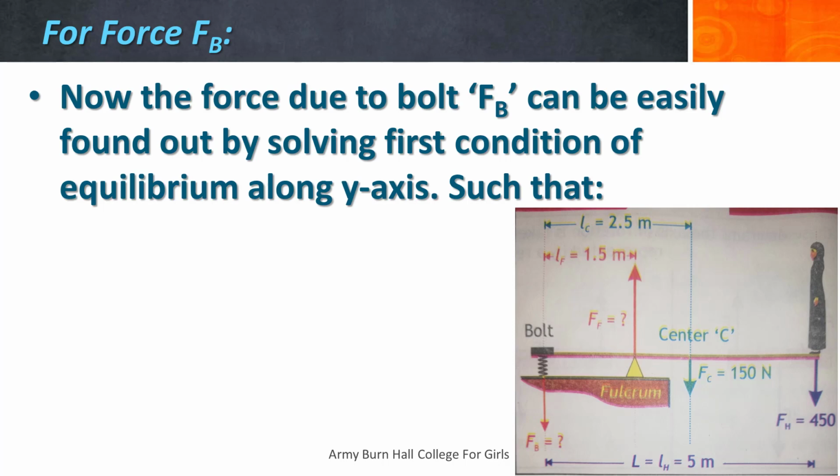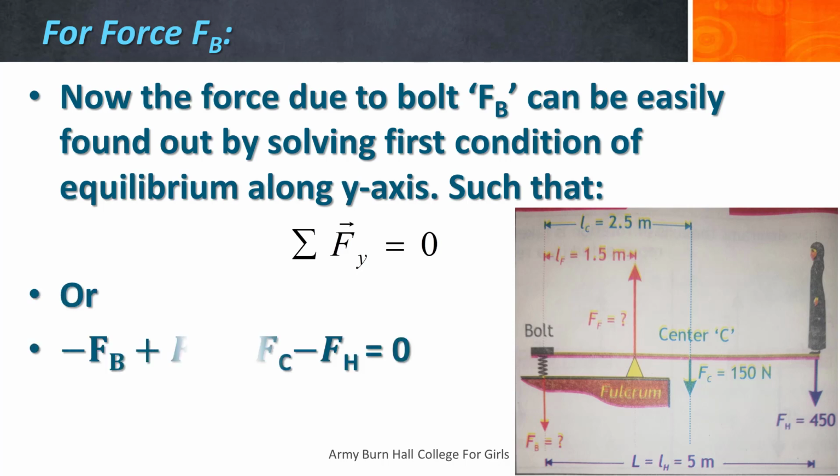Now the force due to the bolt, Fb, can be easily found out by solving the first condition of equilibrium along the y-axis. We can see there are no forces along the x-axis, so there is no need to apply that condition. Just apply the first condition of equilibrium along the y-axis such that the sum of all the forces acting along the y-axis must be 0. We have to use the convention that upward forces are with positive sign and downward forces are with negative sign.